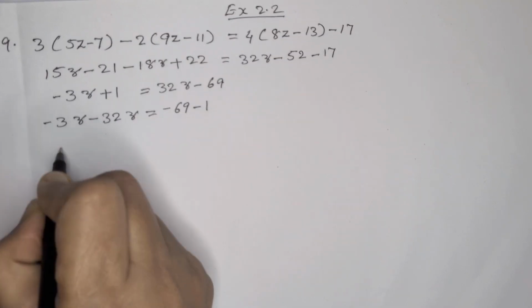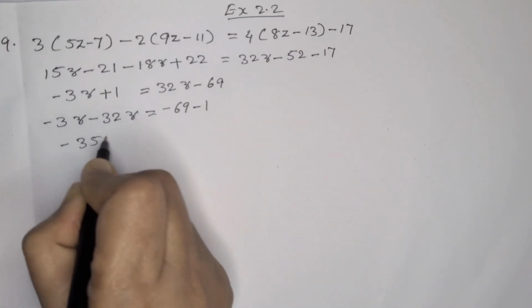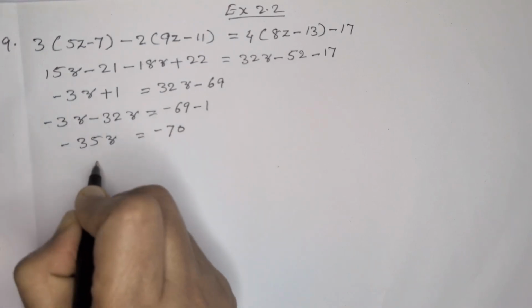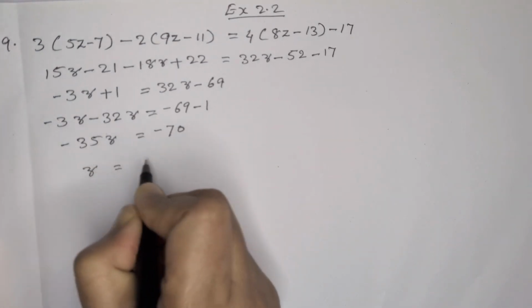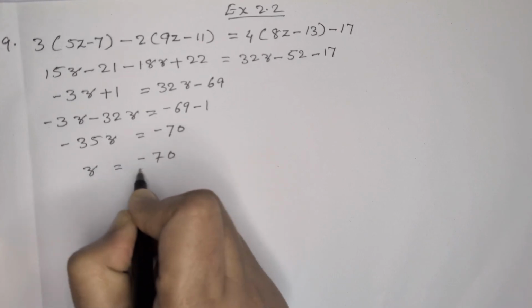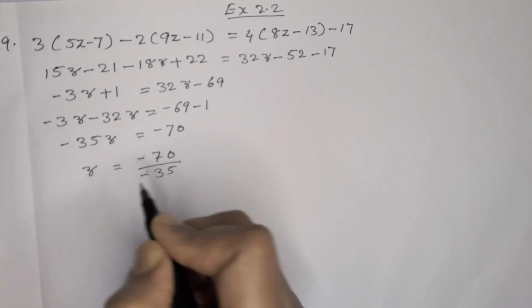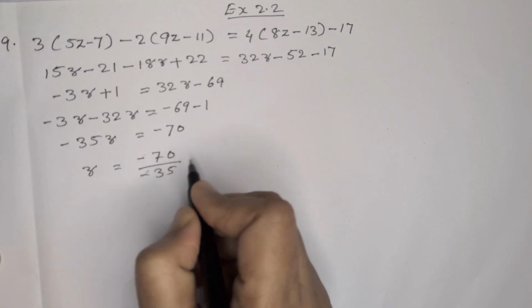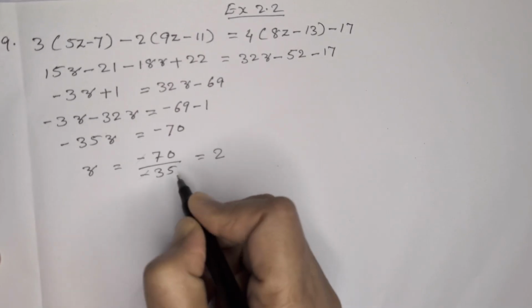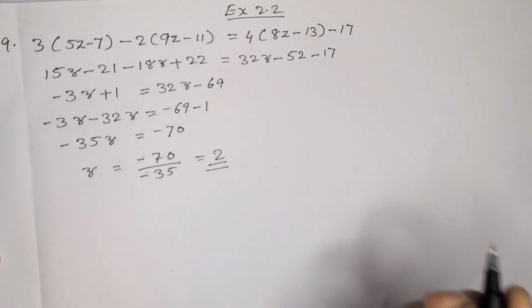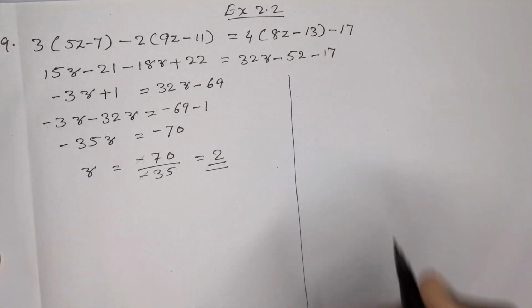Both the numbers are negative, so minus 35z is equal to minus 70. That means z is equal to minus 70 by minus 35. We can cancel. 35 2 times is equal to 70. So z is equal to 2. Then to check.